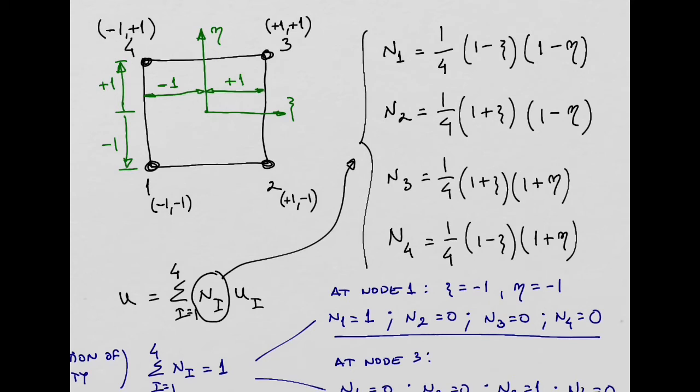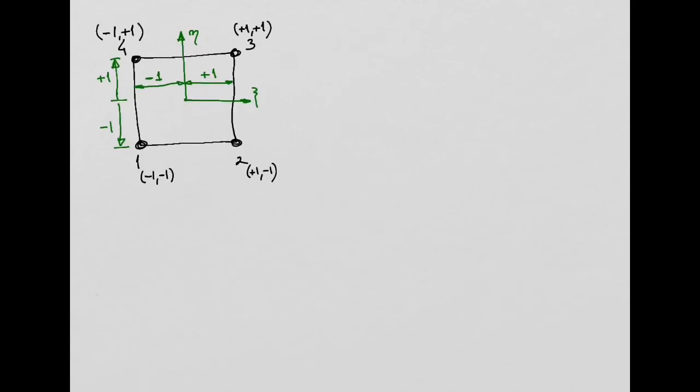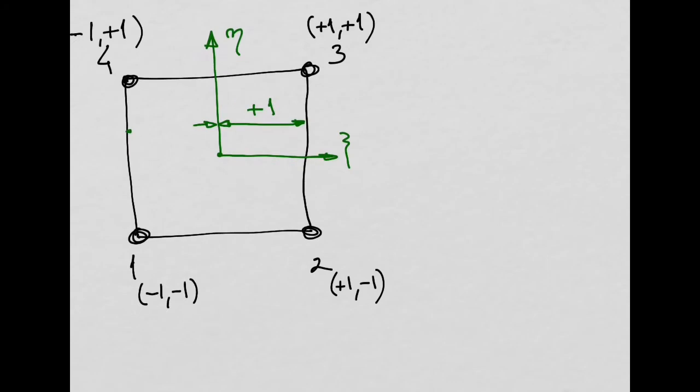So I'm going to copy this to a new page. Let me just get rid of this green stuff here, because we already have the coordinates xi and eta at the nodes, right?